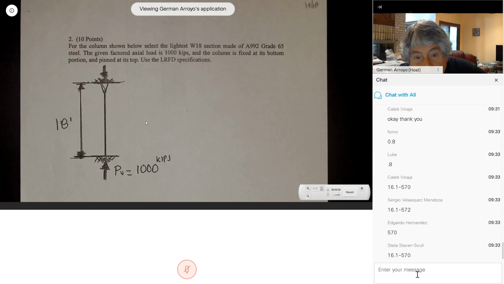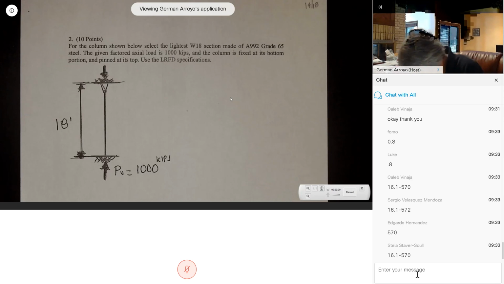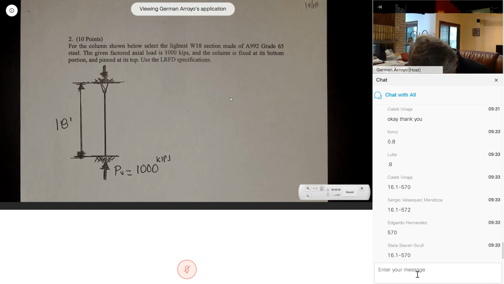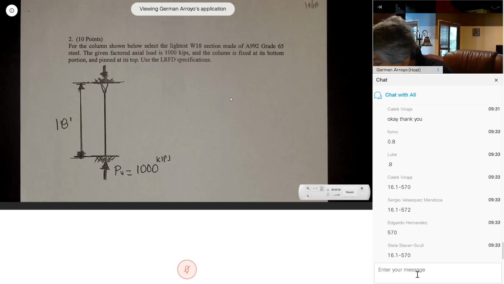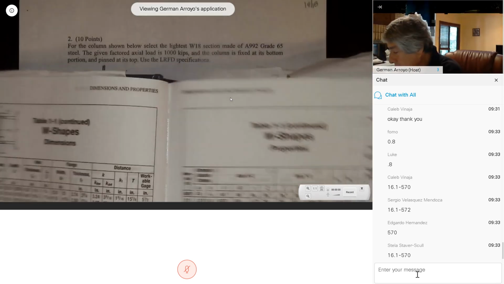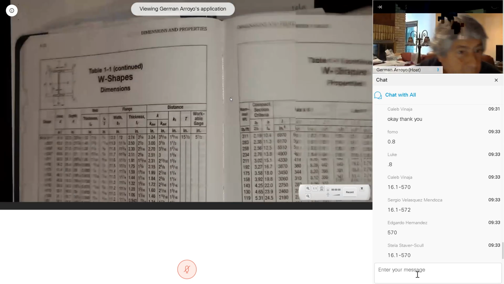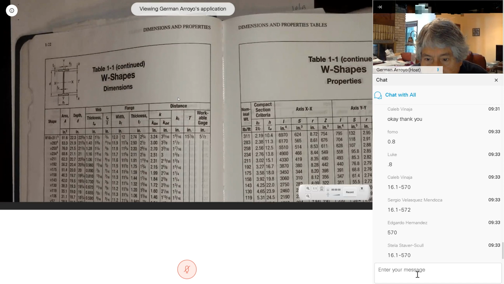To select a W18, we're going to go to chapter 1. So on page 122, go to that page.